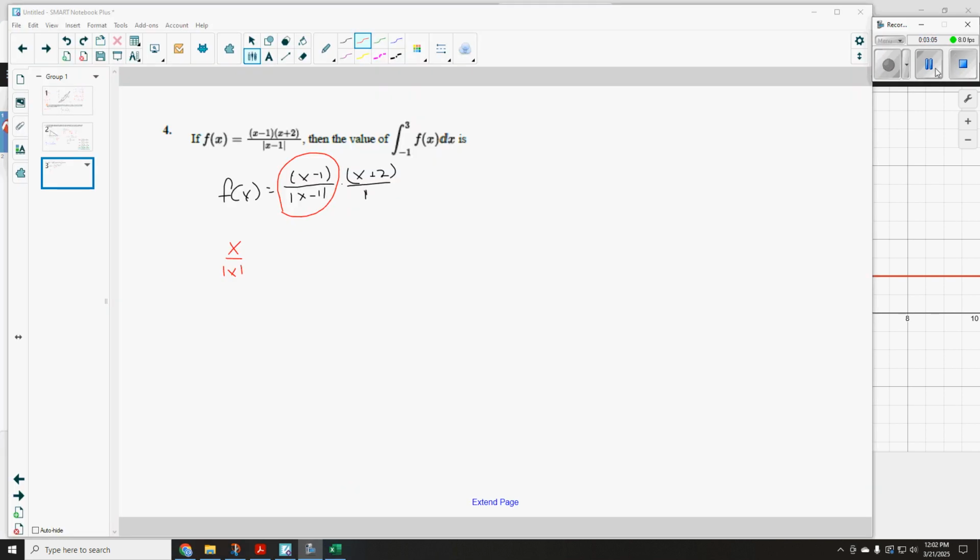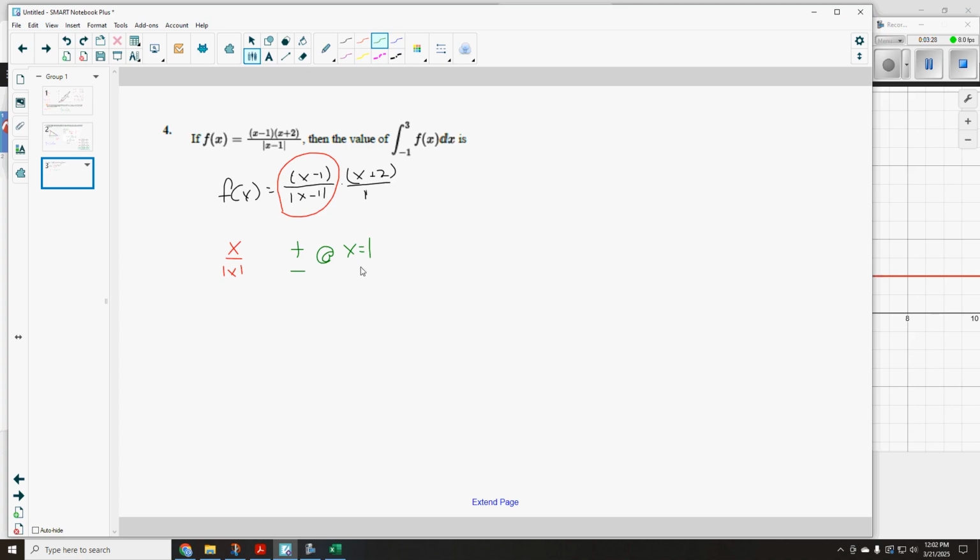So taking that and applying it to the problem at hand, I can see that I'm going to have a shift from positive to negative at x equals 1. So my graph is going to look like this.